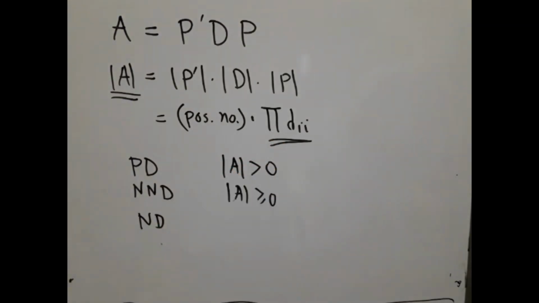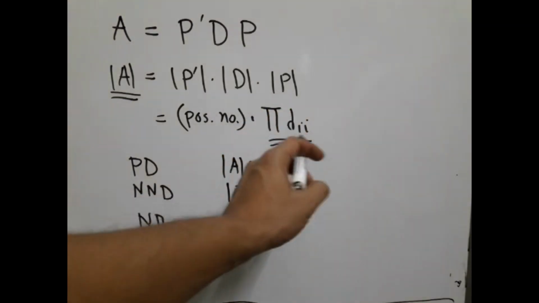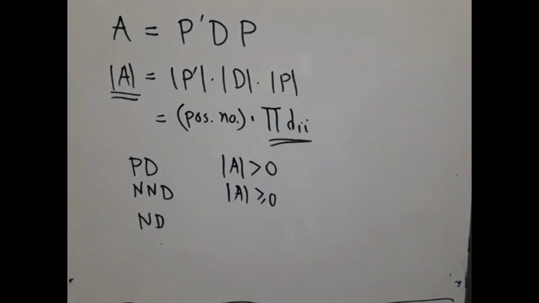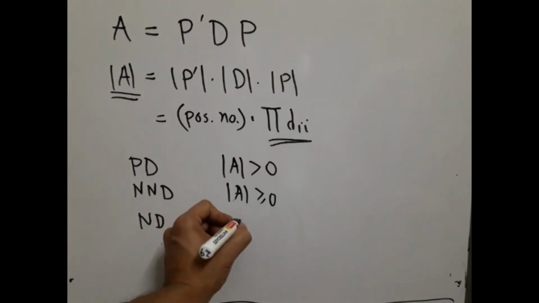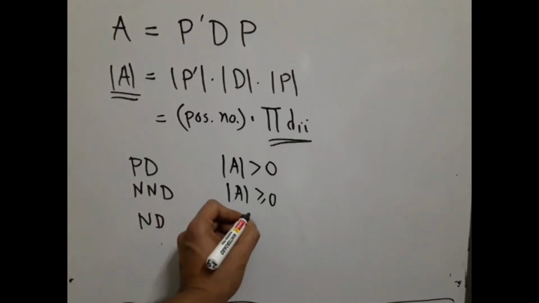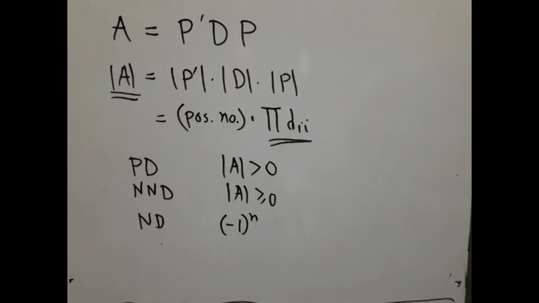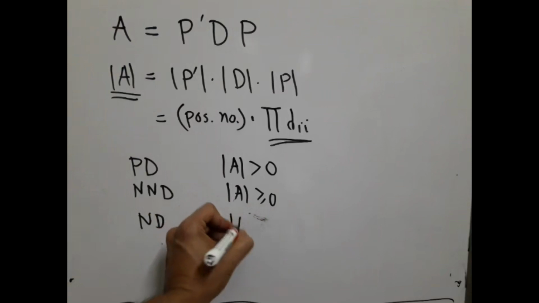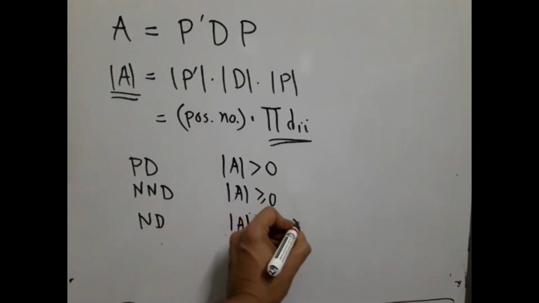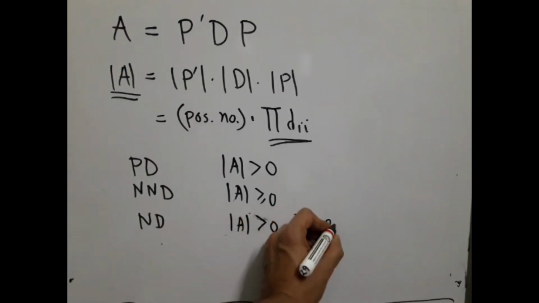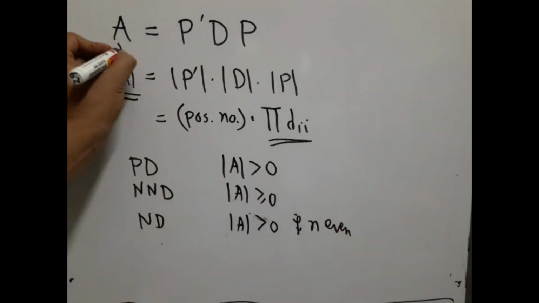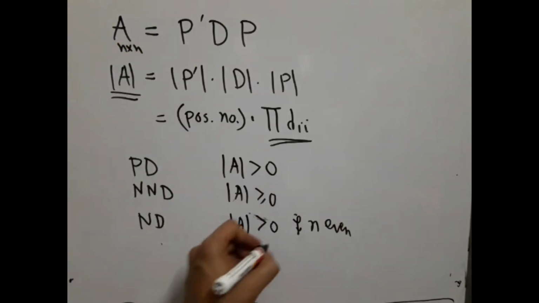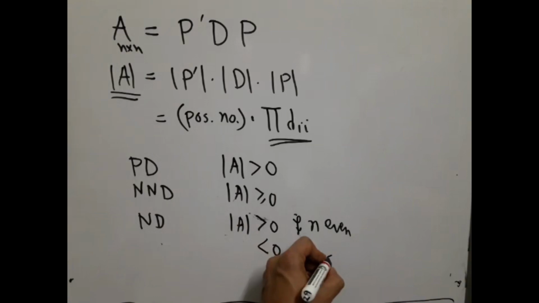Well, that is not entirely true, because these numbers are all strictly negative, but when you multiply two negative numbers, you actually get positive. So if it is negative definite, then it will be minus 1 to the power n. That will be the sign. So I will say that determinant of A will be strictly positive if n is even, where A is n by n, and less than 0 if n is odd.